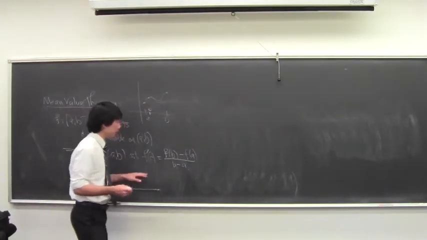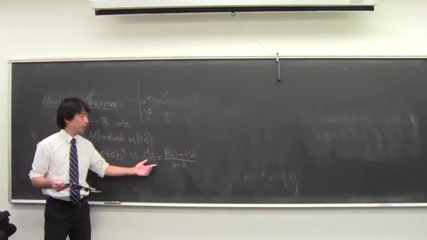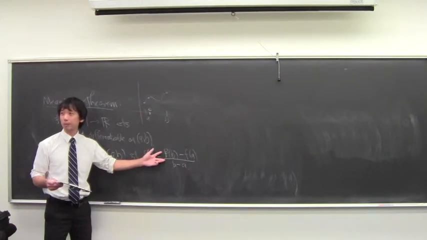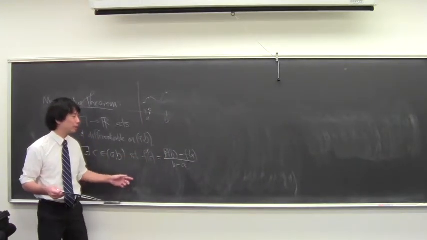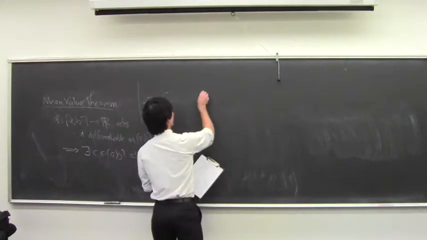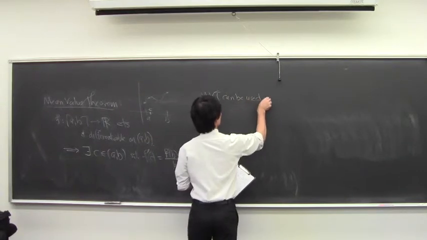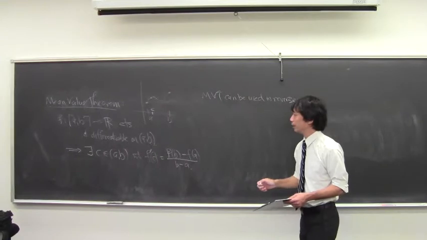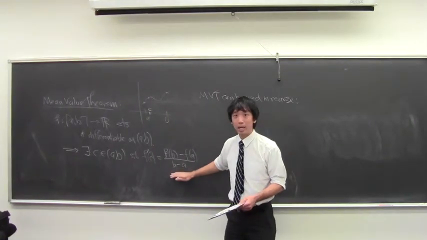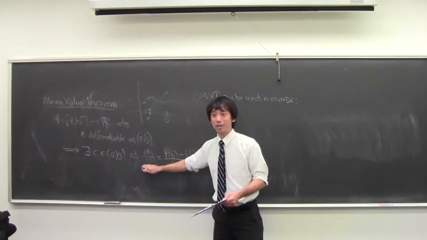Now, you can think of this as finding the point where the slope equals the slope of that line. But you can also think of it in a reverse way. So the mean value theorem can be used backwards, in some sense. That is, the slope of that line has to equal the slope of the tangent line at some point.